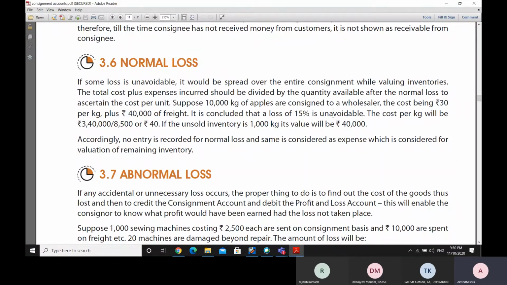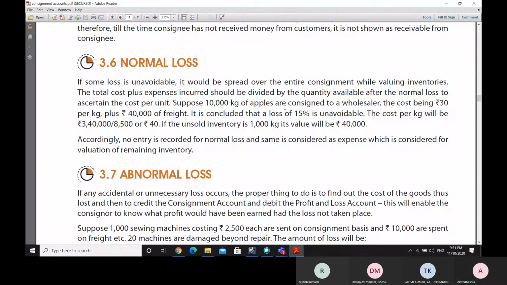So we'll have to calculate the per kg cost. We are saying that 85% of the apples are remaining. So out of the 10,000 kilograms of apples, only 8,500 kilograms are remaining with us.